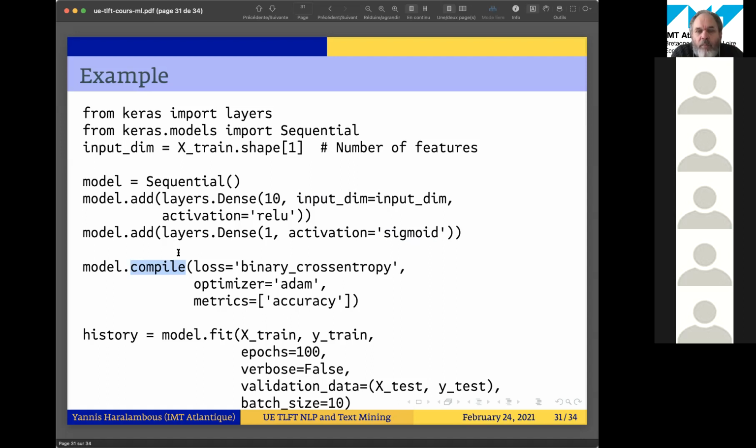So by compiling, the system reserves the necessary space in memory, and it builds the infrastructure knowing the loss function. The loss function is cross entropy, and it's binary because we are doing a binary classification.